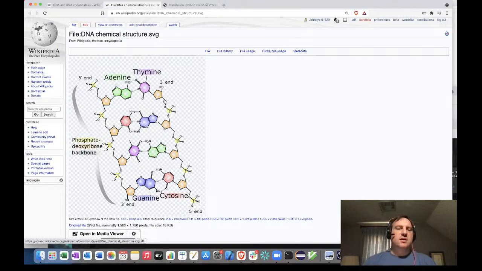You can see here that the backbone of the DNA is the same for all of them, and the difference is that the base attached varies.